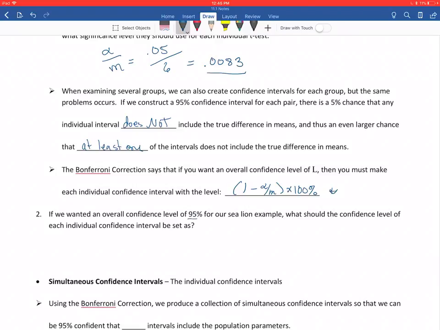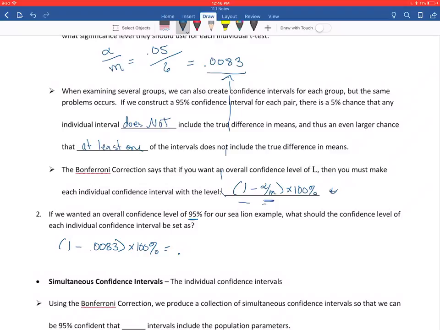So if we wanted an overall confidence level of 95% for this same sea lion example, what should the confidence level be for each of the individual intervals? Using this formula, take 1 minus this value we just got up here, so 1 minus 0.0083, and turn that into a percentage. That's all that means.